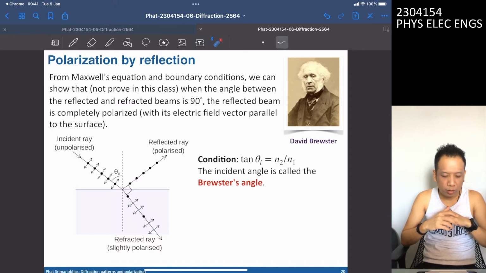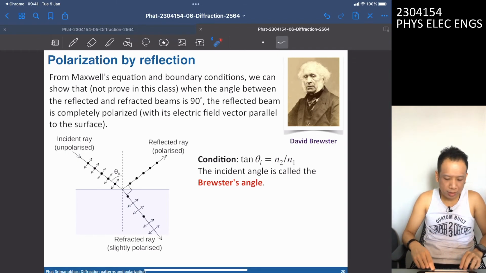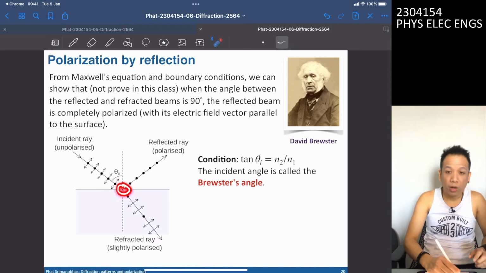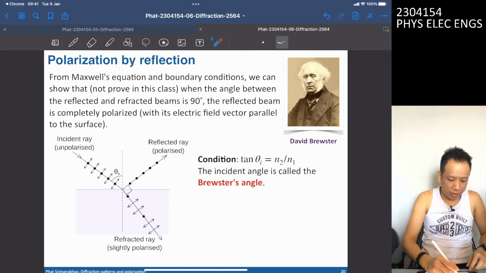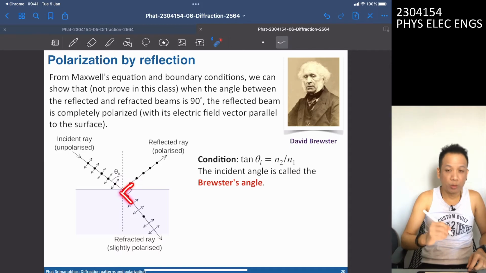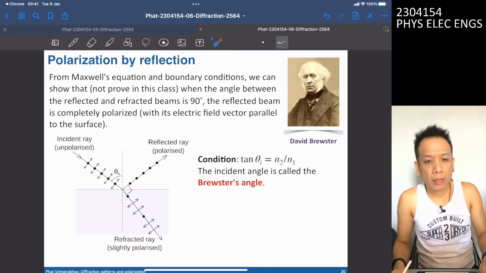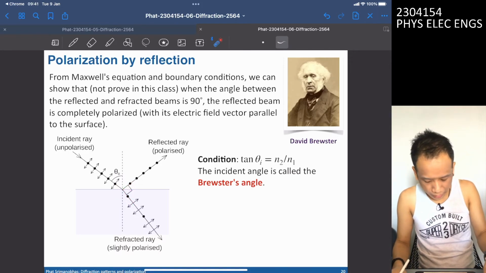If you start from the Maxwell equations, you can write the boundary conditions, which are the conditions at this point where you have the incident, the reflected, and the transmitted rays.